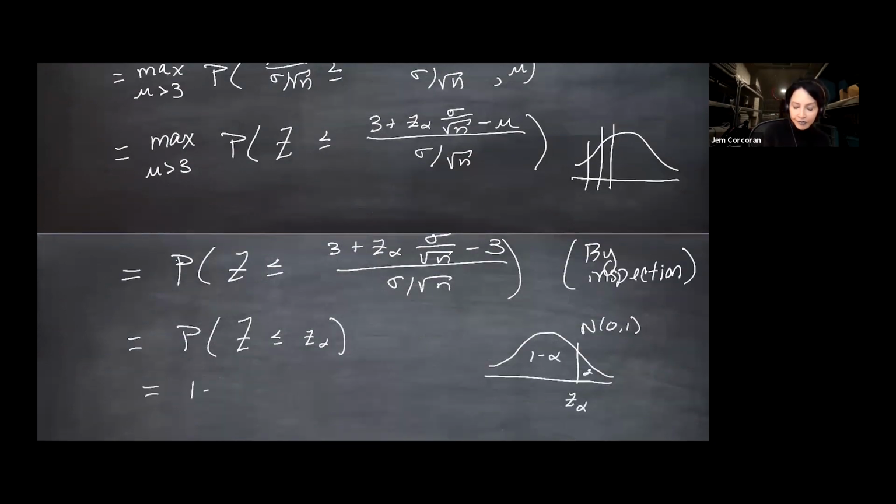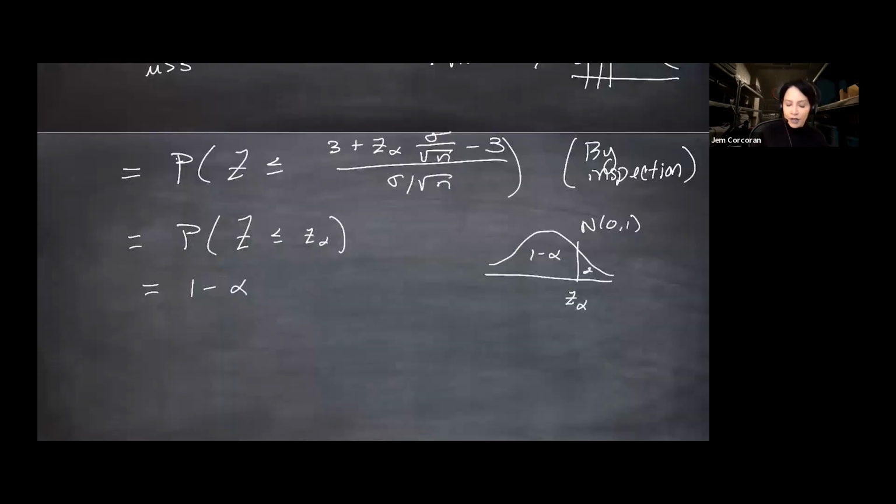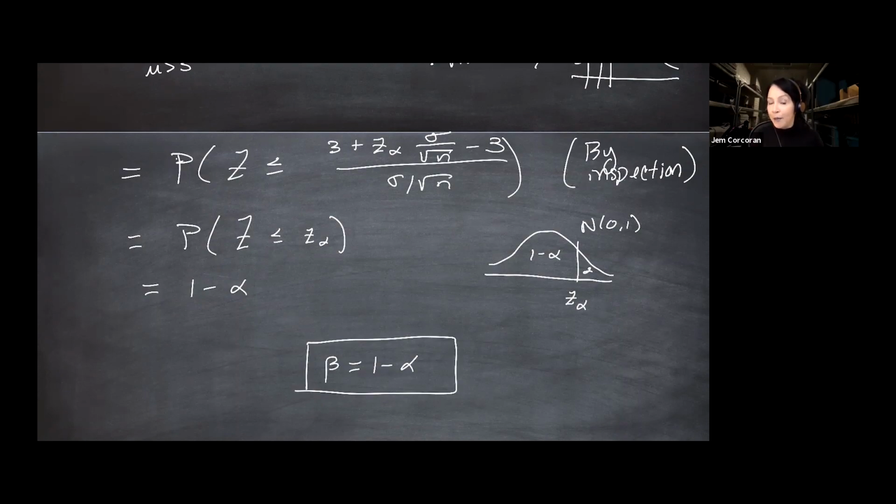So remember what this was. We did get beta to be 1 minus alpha. And I did say last time that that does not have to be true, and I still insist it does not have to be true. It just happened to be true here. And that happens whenever these maximums for alpha and beta occur at the endpoint, at the boundary between the null and alternate hypothesis.